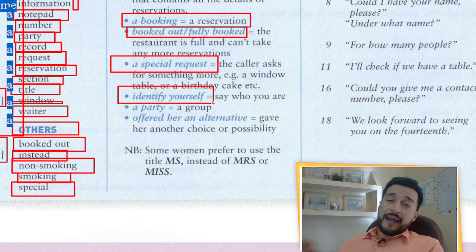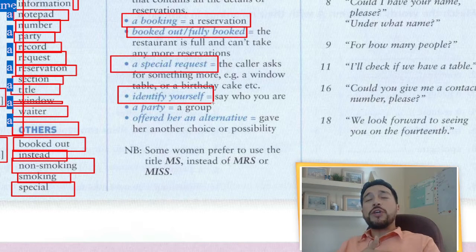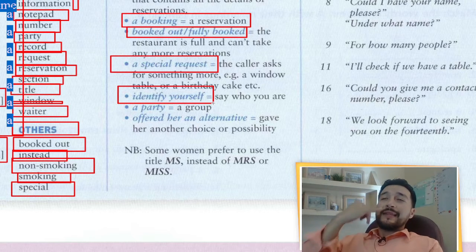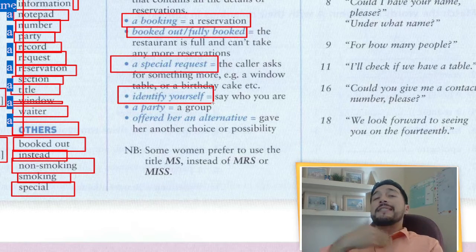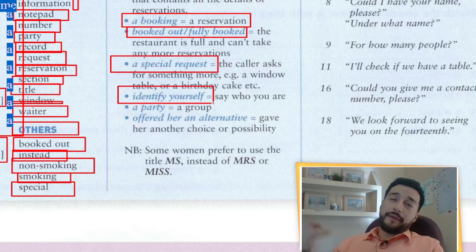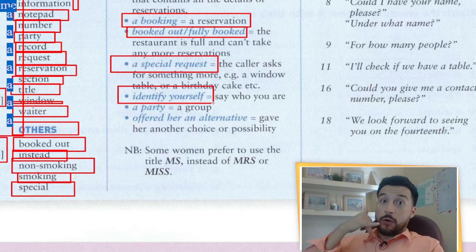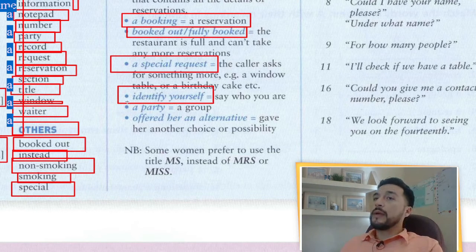Next, identify yourself. It means say who you are. In this class, the waiter identified himself and identified the restaurant when he answered the phone. A party.